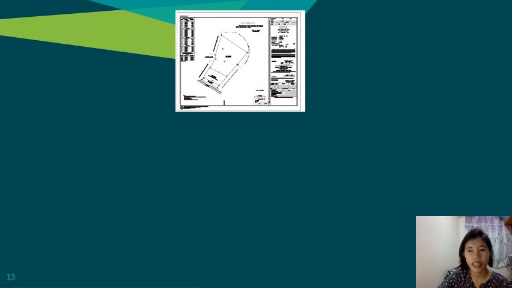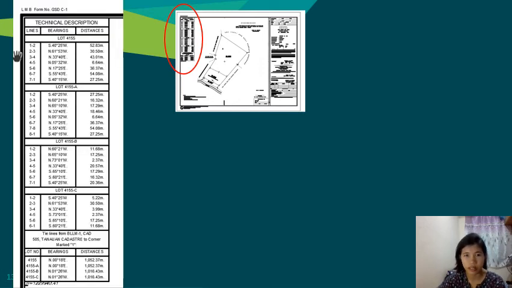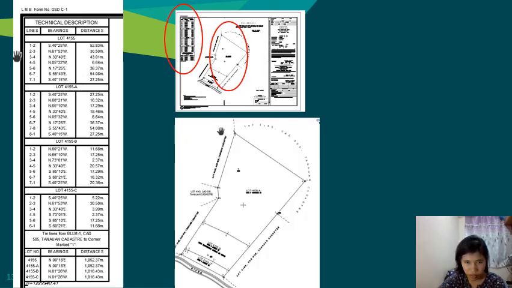So I have here an illustration of a simple subdivision plan. I just want to introduce to you what is a subdivision plan. So the content of the subdivision plan, what is in the subdivision plan: we have here the technical description of the lot being subdivided. We have here the parcel itself that is being subdivided.